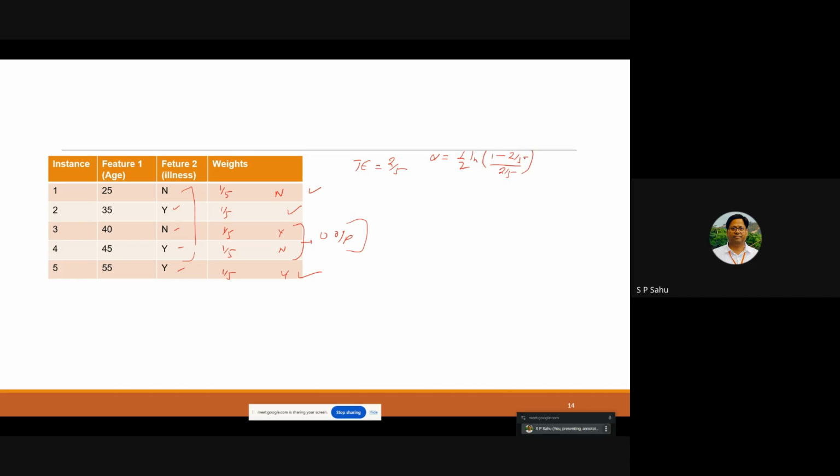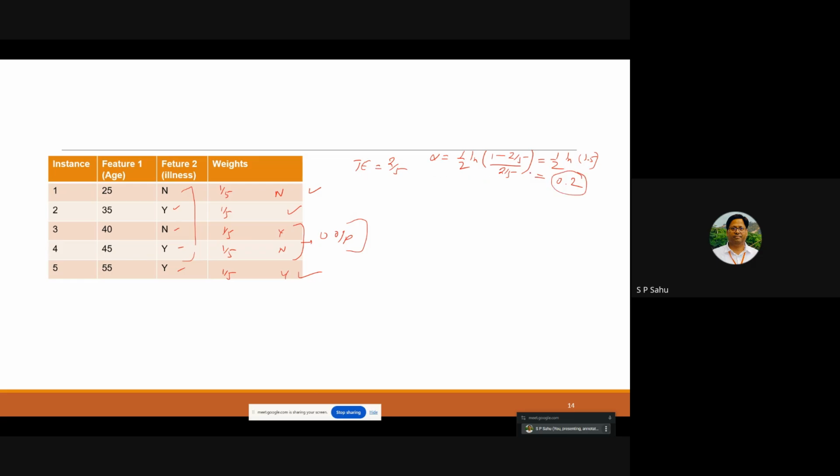So it is 3 by 5 over 2 by 5, which is 3 by 2, so half ln 1.5, roughly 0.2. Okay, so this is the outcome.